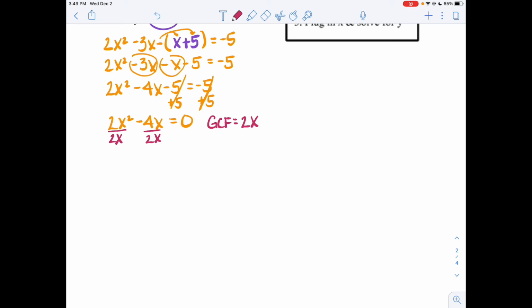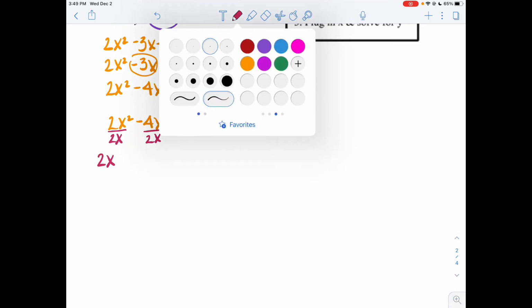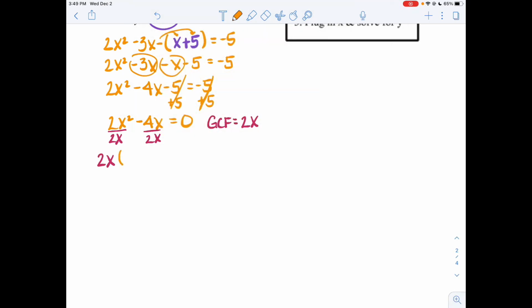You don't want to divide it out on the whole thing. You will lose an x and in the process lose one of your solutions. So you cannot just divide everything by 2x on both sides. We are just factoring right now. So I'm factoring out a 2x and saying what I have left. And what I have left is x minus 2, and that's still equal to 0.